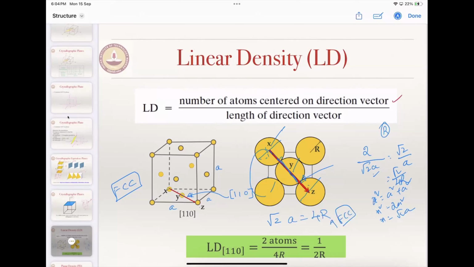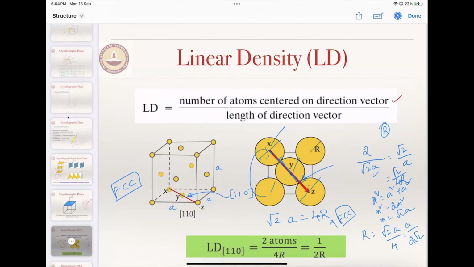That means the radius of the atom is root 2 a by 4, or a by 2 root 2. That is the radius of the atom.